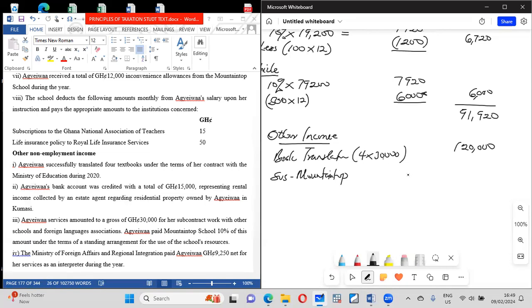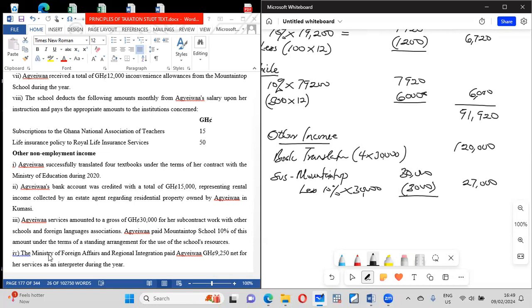She earned 30,000 gross, but she paid 10%, so less the 10% of the 30,000, which is 3,000. She paid it back for using the school's resources. So the benefit she actually derived from that is 27,000.